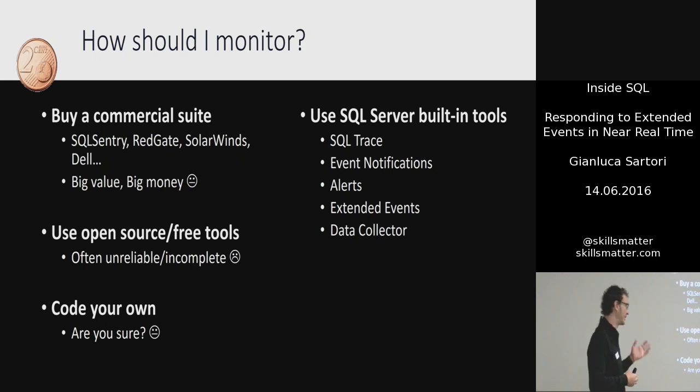You can go to SQL Sentry, Redgate, SolarWinds, Dell, or whoever you prefer, and they have solutions for monitoring. They usually cost a lot of money. Just to give you an idea, it's 2,000 euros for a single instance. I don't know how much that is in GBP. You can do the math. But again, it's big money for a big value.